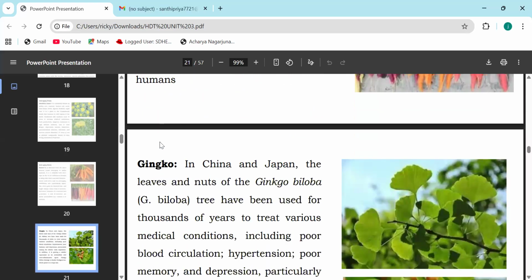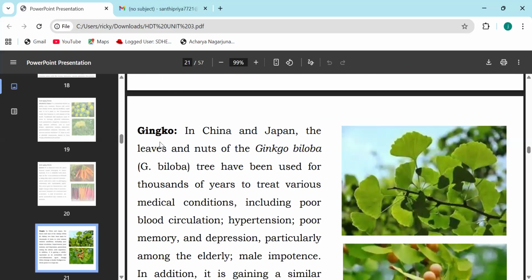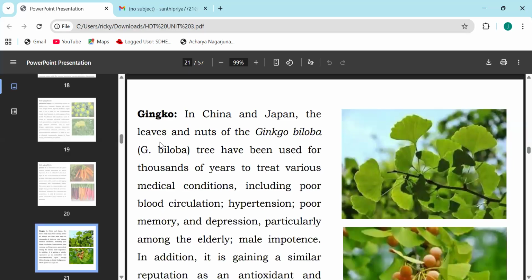And next, ginkgo. In China and Japan, the leaves or nuts from the ginkgo biloba tree have been used for thousands of years to treat various medical conditions. So it is a very important plant, ginkgo. In ancient days they were used for the treatment of medical conditions.